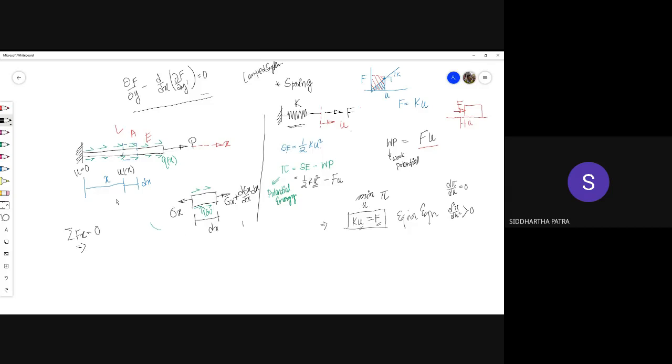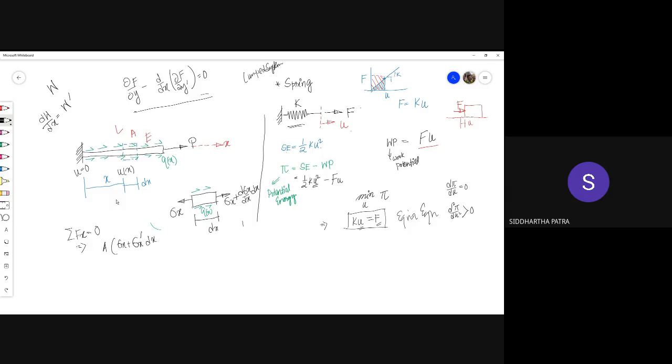Now if I look at this, on the right hand side the positive force is A times sigma x plus d sigma x dx times dx. By this time we would refer to any quantity, let's say w is any random quantity, dw dx as w prime. So with that, we'd call it sigma x prime times dx.